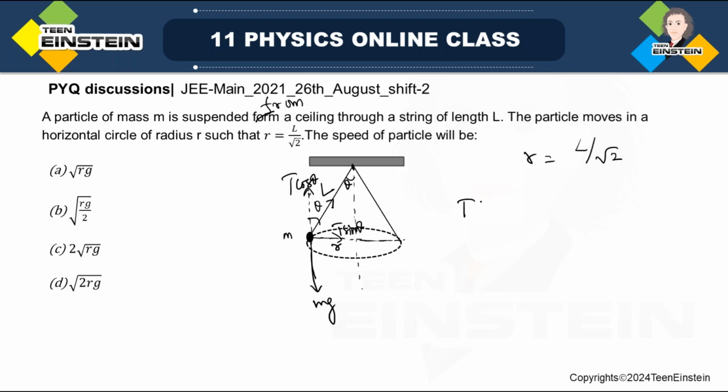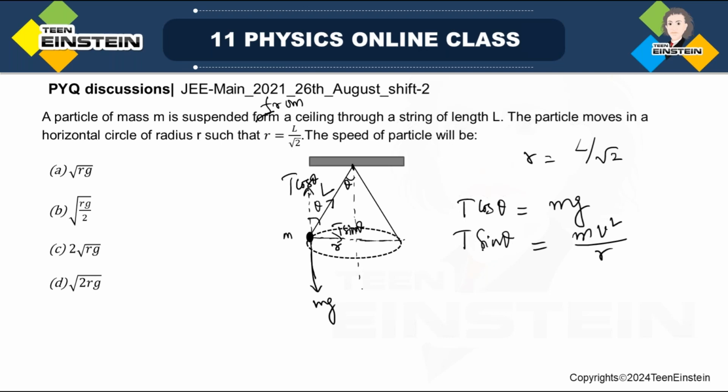So I can write T cos theta is equal to mg, and T sin theta is equal to m v square by r.